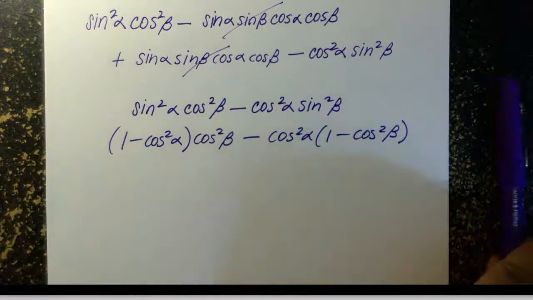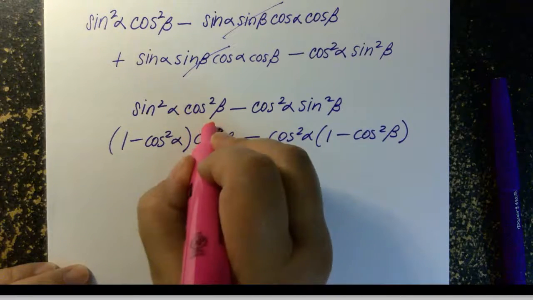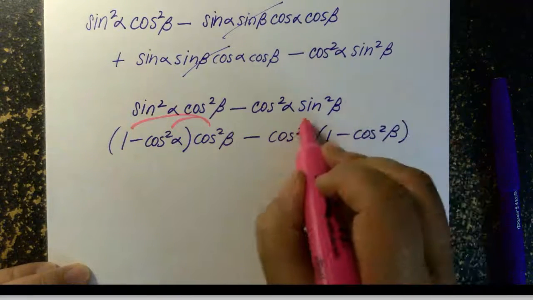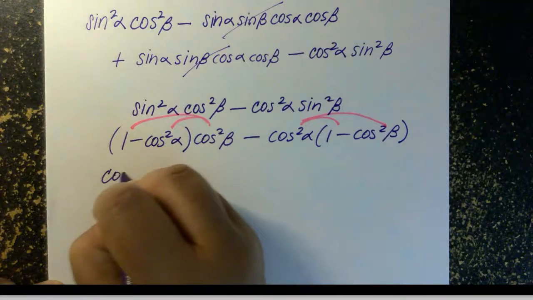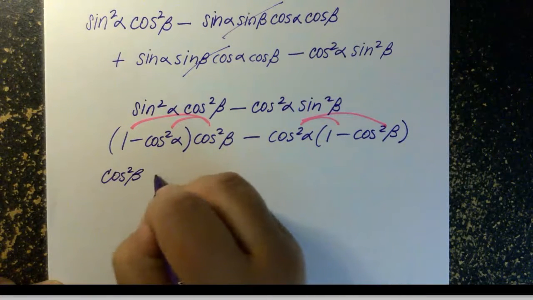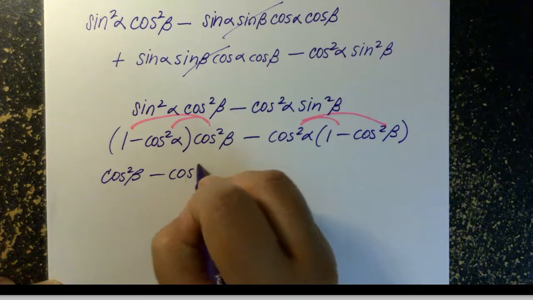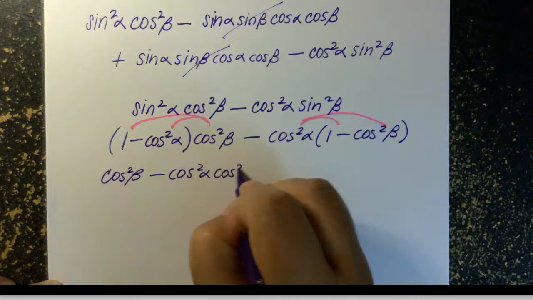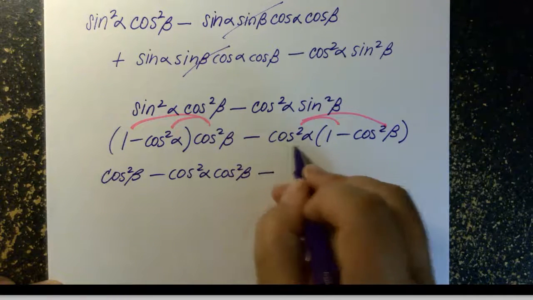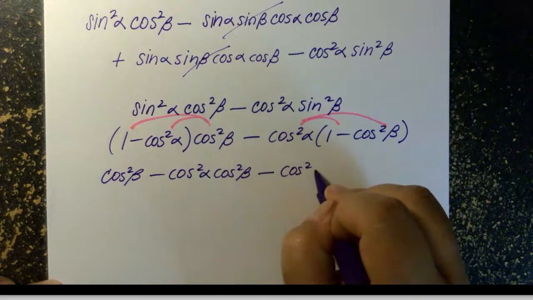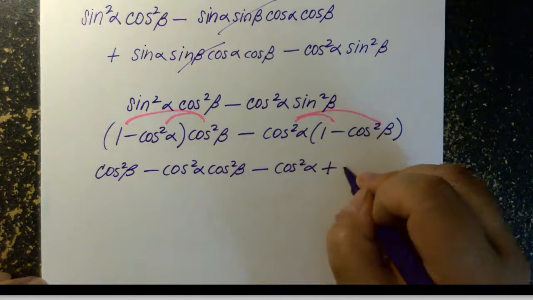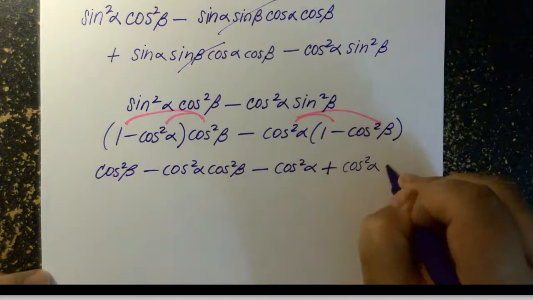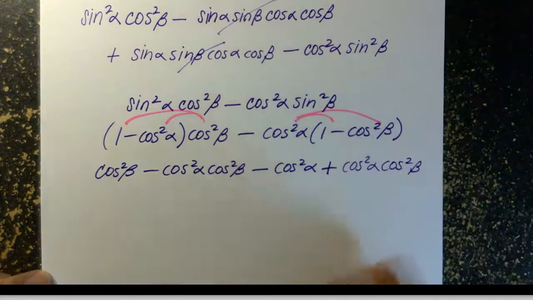And now I can distribute for both of these. I have 1 term times 2 terms, so I distribute. So this gives me cosine squared beta, minus cosine squared alpha cosine squared beta, minus cosine squared alpha, plus, minus times minus, cosine squared alpha cosine squared beta.